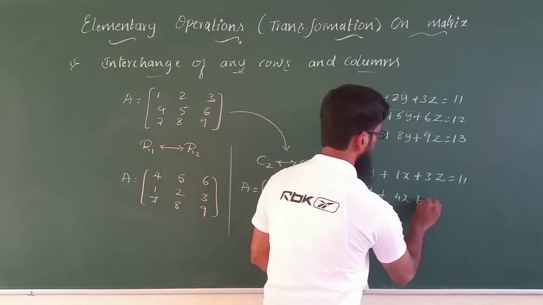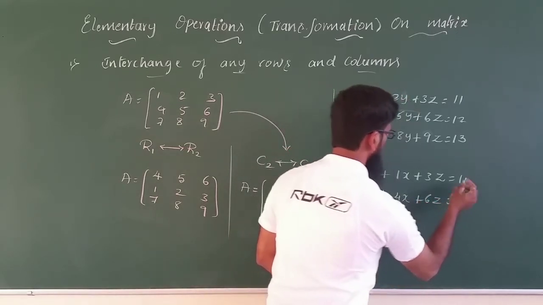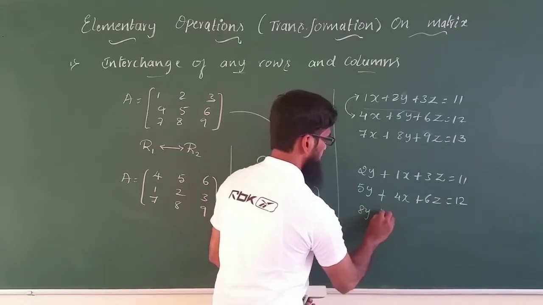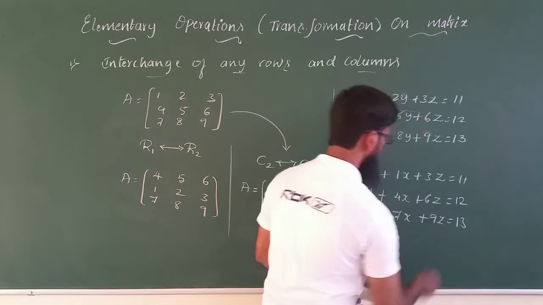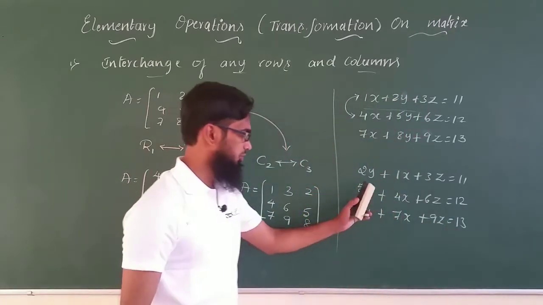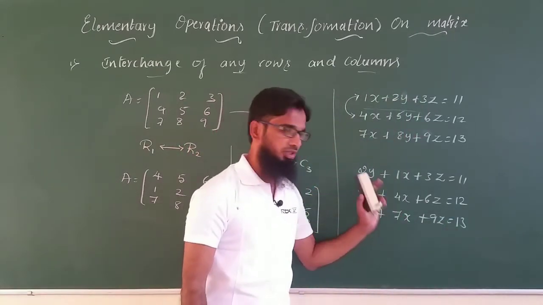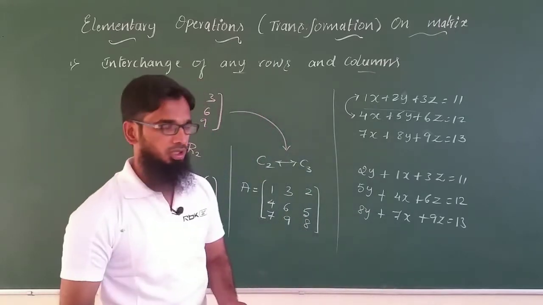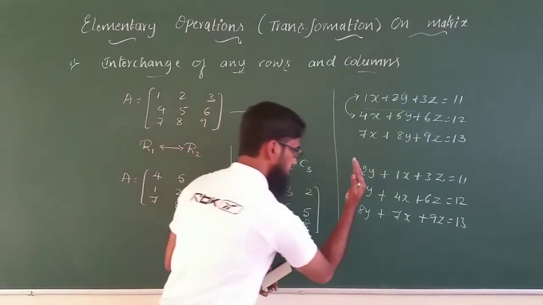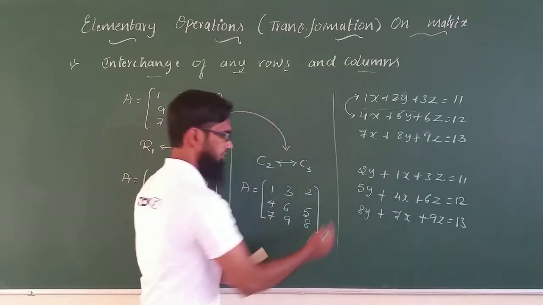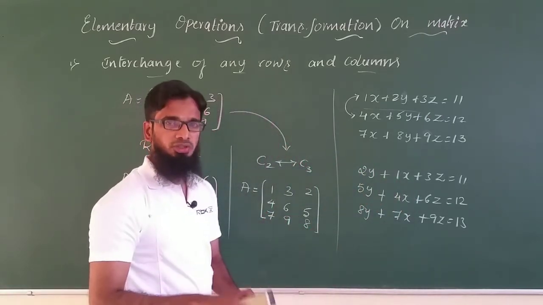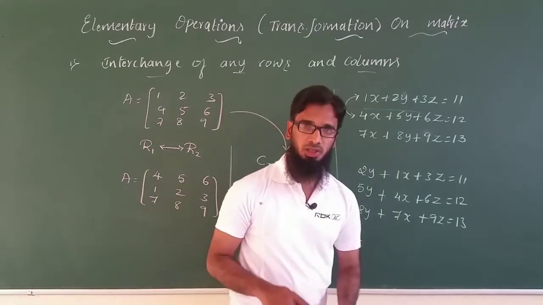If I write it so, there is no change in the equations. 7x plus 9z is equal to 13. Even if you write y as the first term and x as the second term, there is no change in the equation. Similarly, if you interchange the first terms into the second and the second terms as the first here, there is no change in the matrix as well as the system of linear equations.